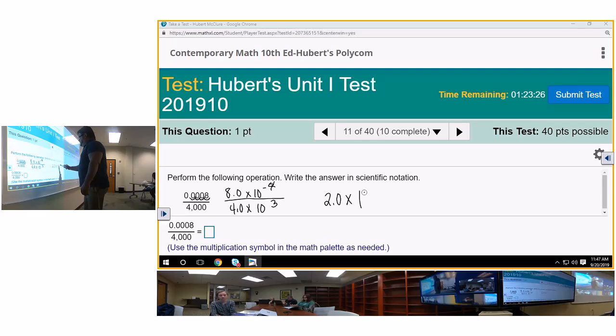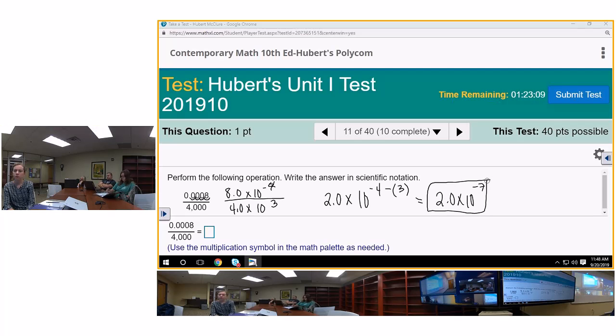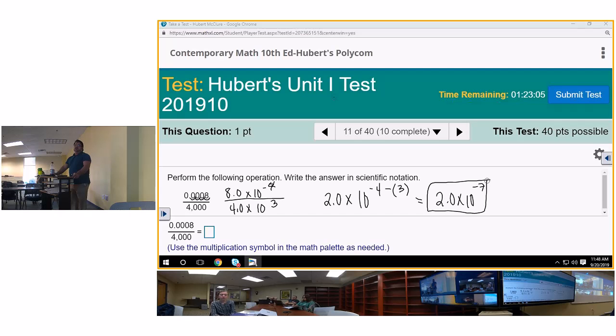And that's going to be 10 to the -4 minus 3. And what is -4 minus 3? -7. If you owe $4 and you owe $3, you owe $7.